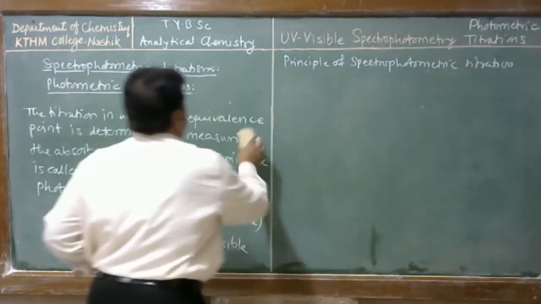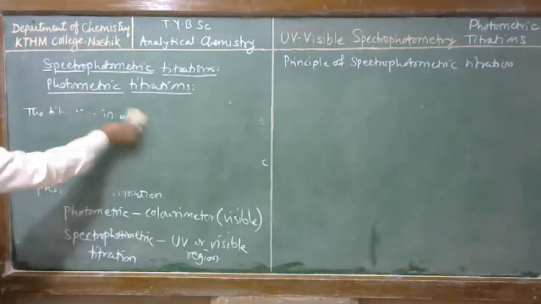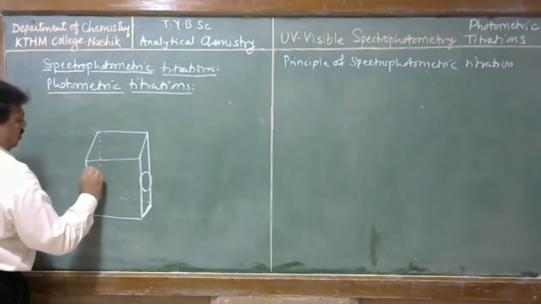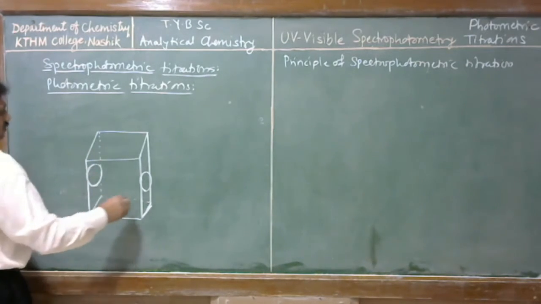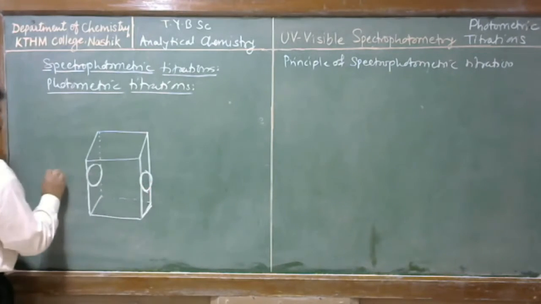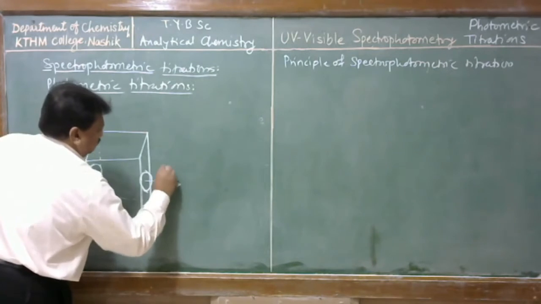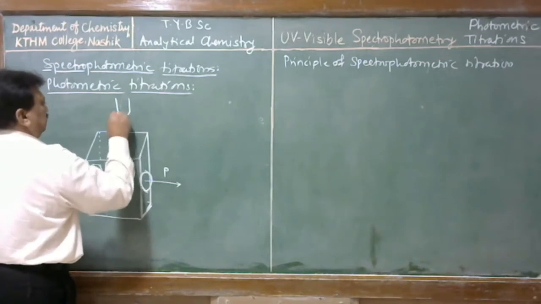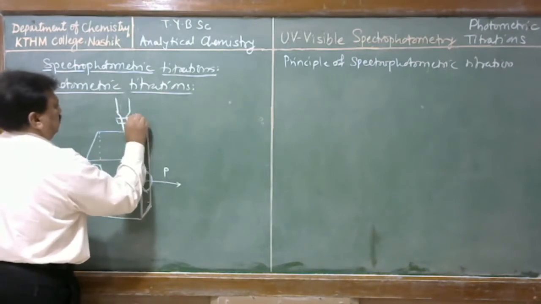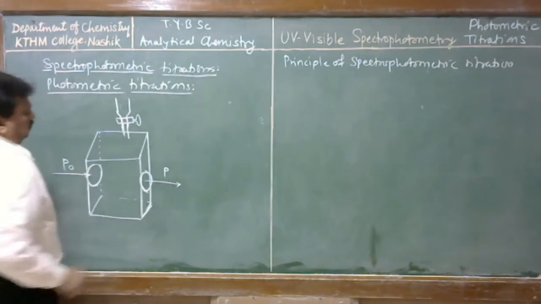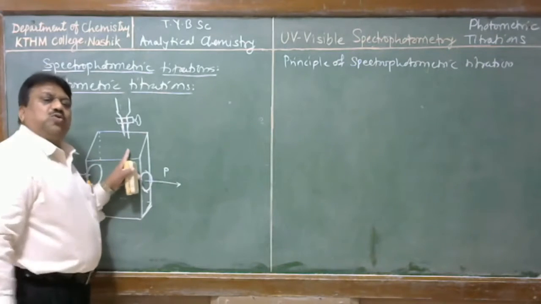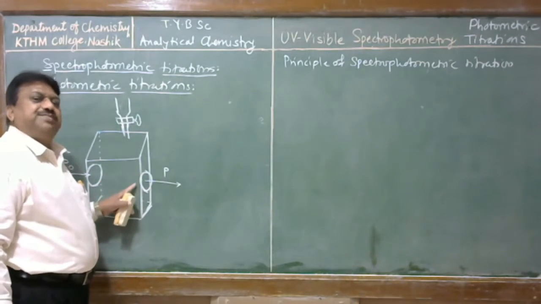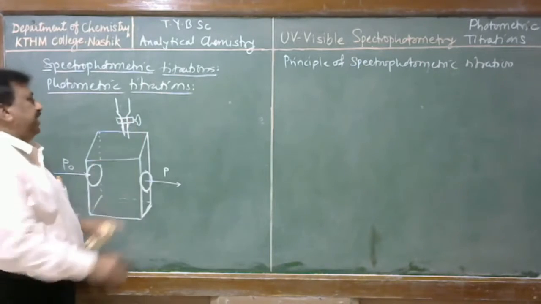In spectrophotometric titration, the reaction mixture is directly kept in the light path, and the absorbance of the reaction mixture is measured as a function of ml of titrant added from the burette.